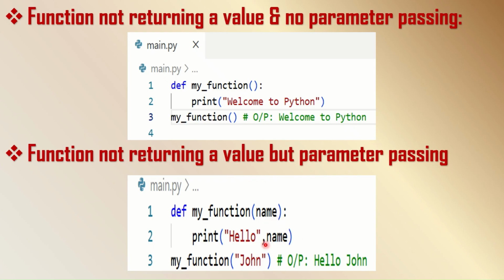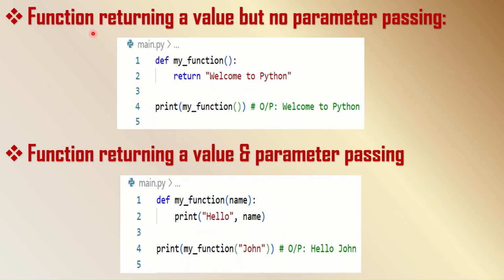In place of this name variable, the actual value or argument that comes while calling the function will be replaced, and that will print in the output. Whenever I call this function by passing this argument, the argument is passed to this function and this statement will be printed.